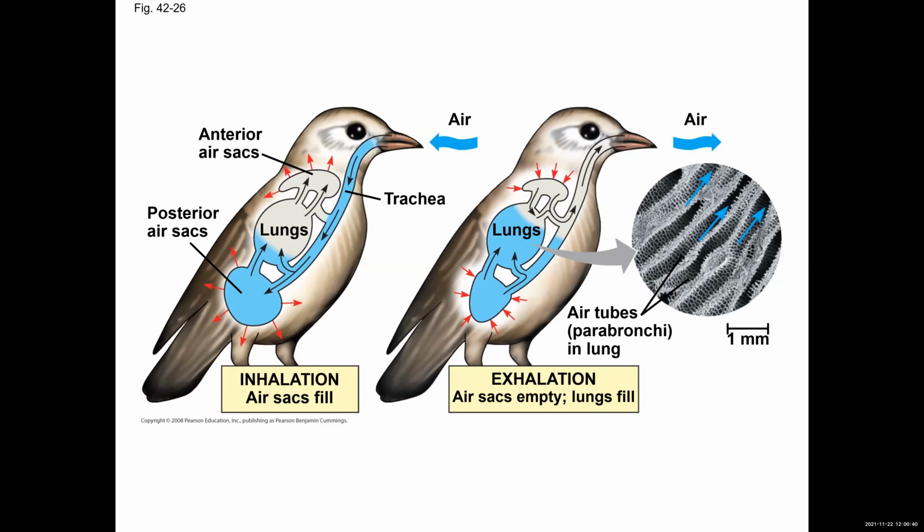And they also have this increased surface area of the air tubes in their lung compared to mammals, because it doesn't have to change, it doesn't have to stretch, right? Ornithologists, people who study birds, hypothesize that these mechanisms evolved in birds in their evolutionary history when they were still reptiles.